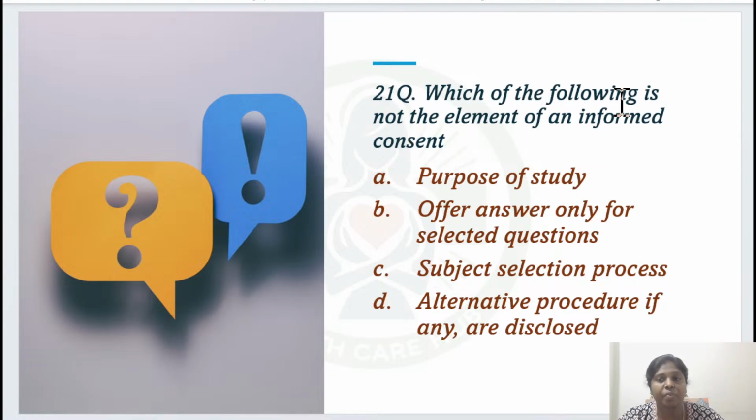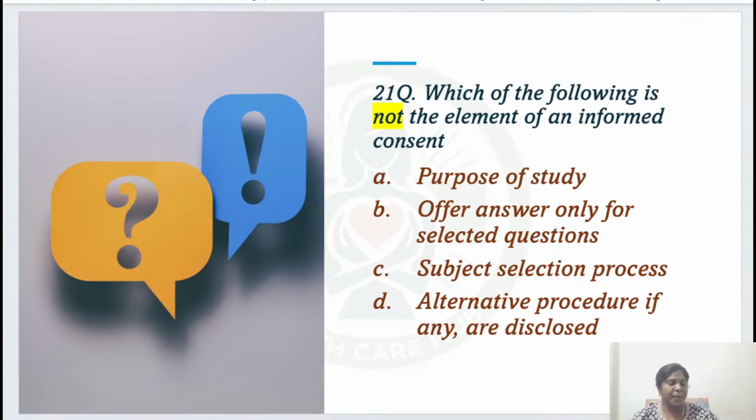So which of the following is not the element of an informed consent? When studying the exam question, read properly. Purpose of the study, we are going to inform. Offer answer only for selected questions, or subject selection process, or alternative procedure if any are disclosed.